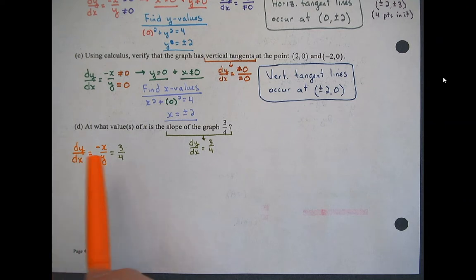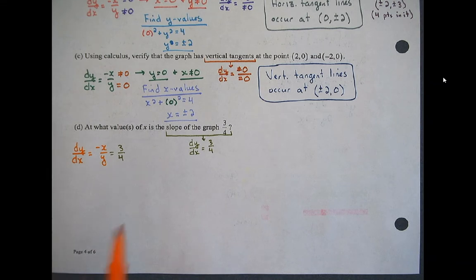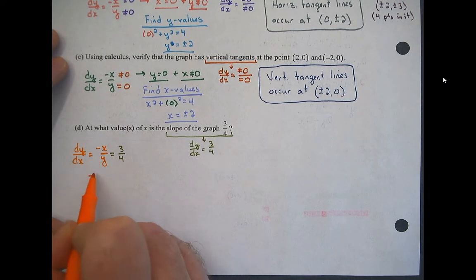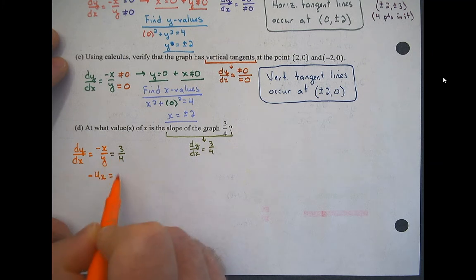So what we want to do now is solve this for one of our variables, and it really doesn't matter which one. I'm going to do a little cross multiplying. So I would get negative 4x equals 3y.